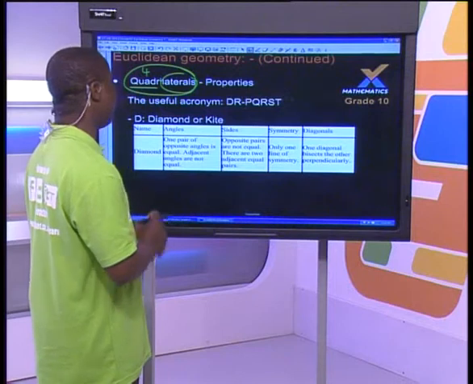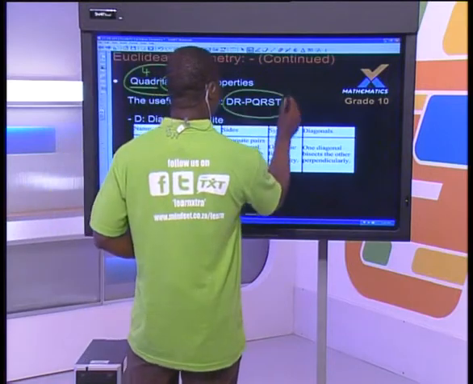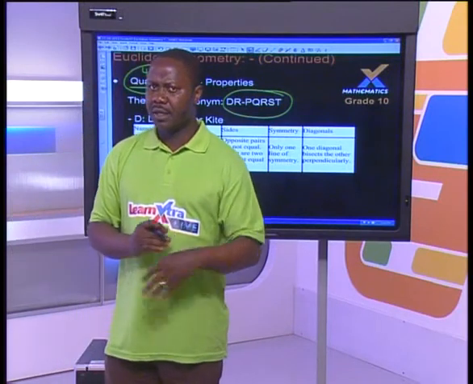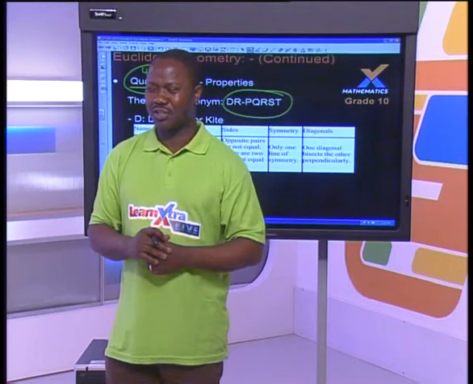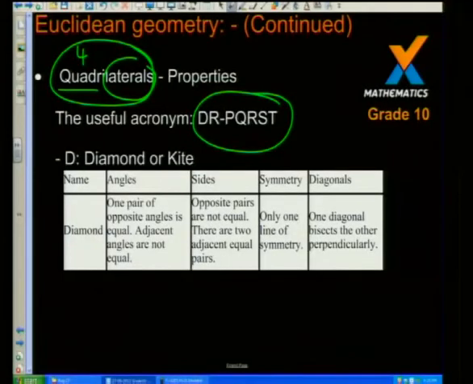So for their properties, I've got a very useful acronym here: Dr. PQRST. It has all the names that you will come across about quadrilaterals. D stands for diamond. The R, if I can just quickly go through this so that you get familiar with it, could be a rectangle or a rhombus.